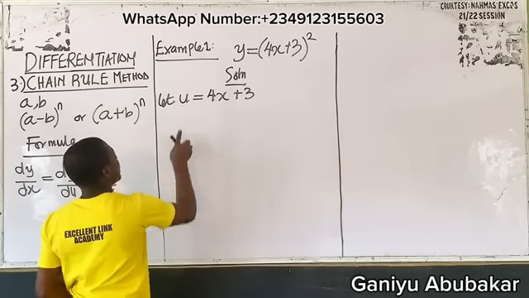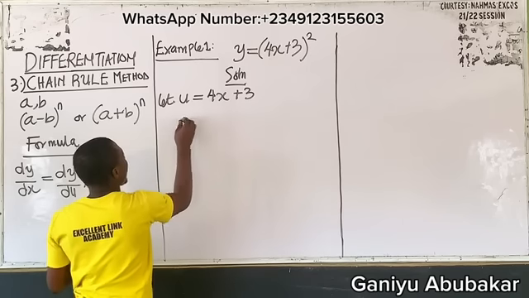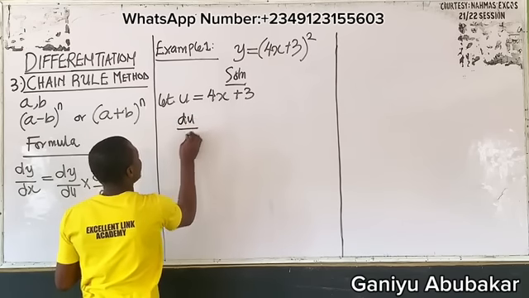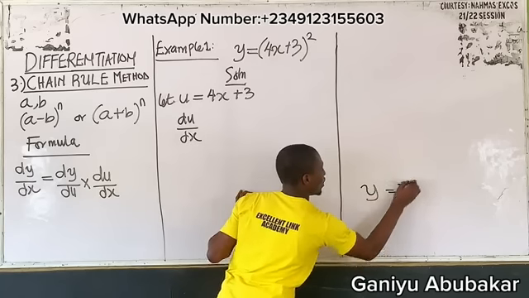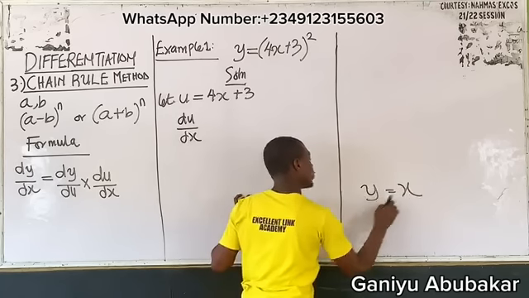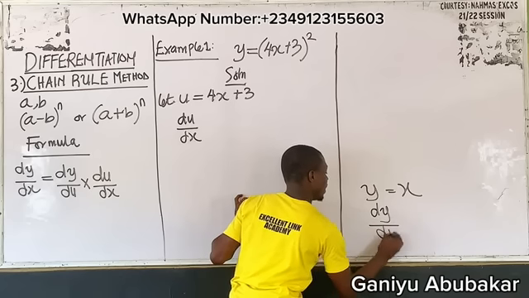So in this case, I'm seeing u and x, so I'll have du over dx. Here I'm seeing y and x, so I'll have dy over dx.